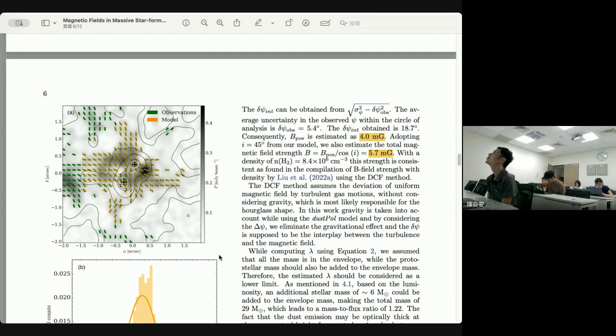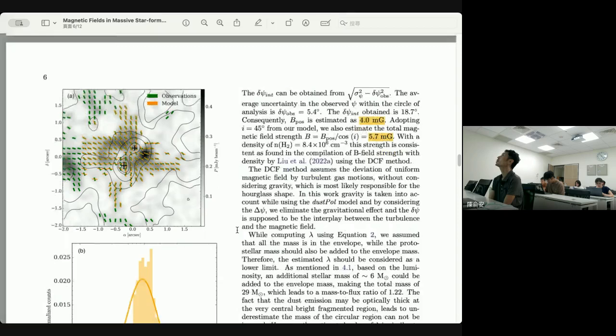Okay, they use this dust polarization model from the ARTIST package, but it's not really important. And they found that there is some difference around MM1, and it is possible that the gravity of MM1 will drag and disturb the magnetic field lines more effectively than MM2, which caused this problem.